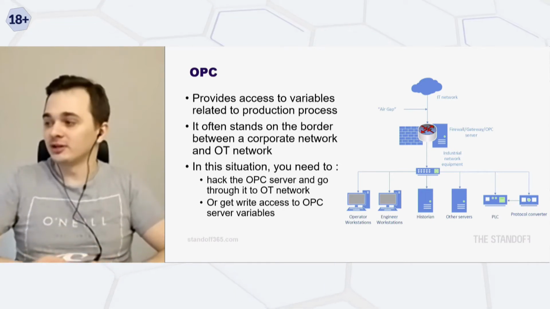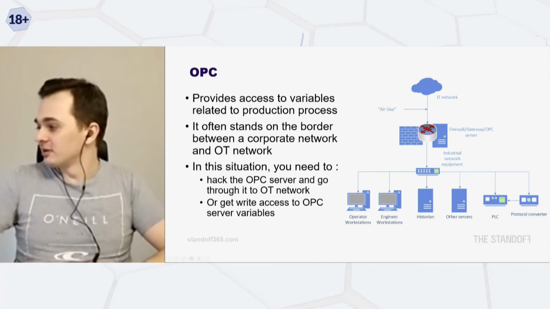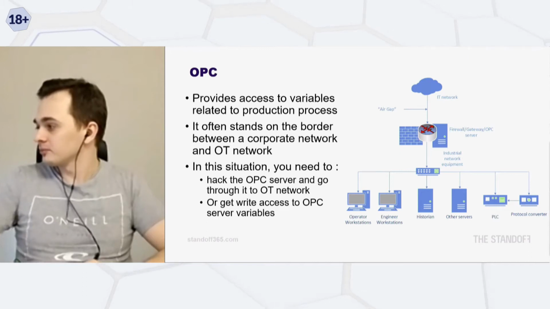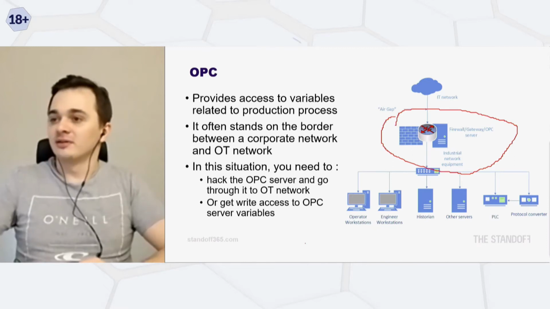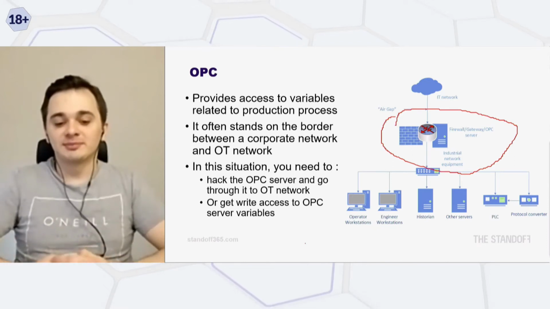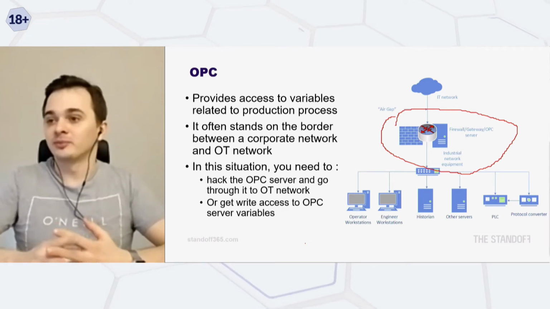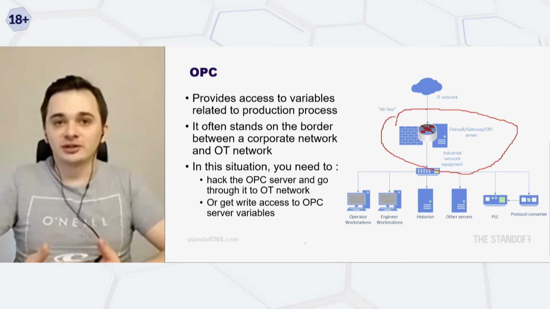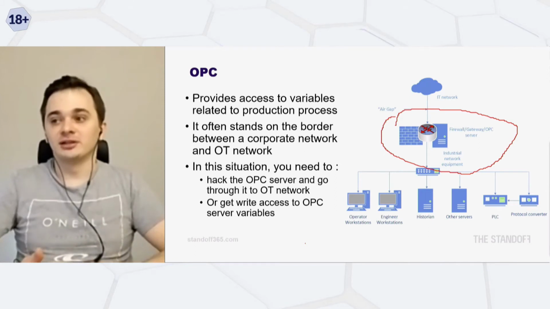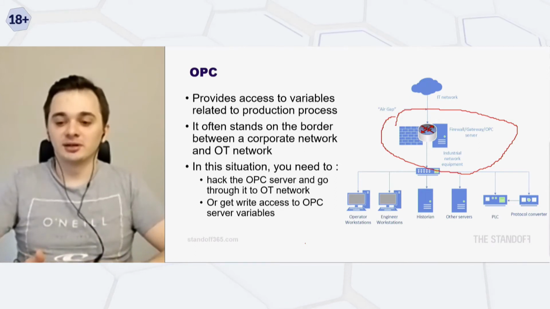Let's remind ourselves of the scheme that we saw yesterday. Over here is the OPC server. Okay, let me show it to you. And it can be the border node between the corporate network and the SCADA network.